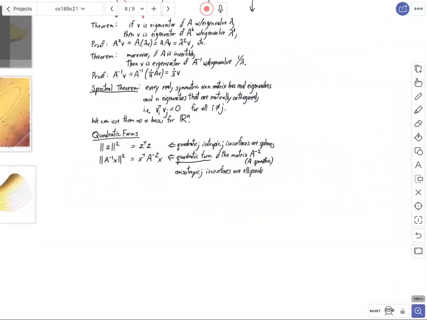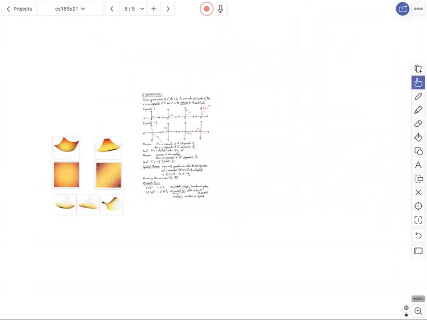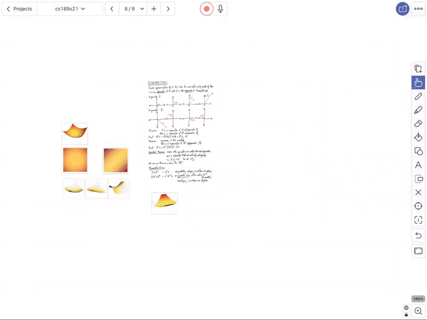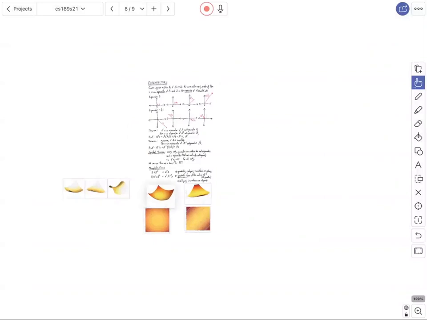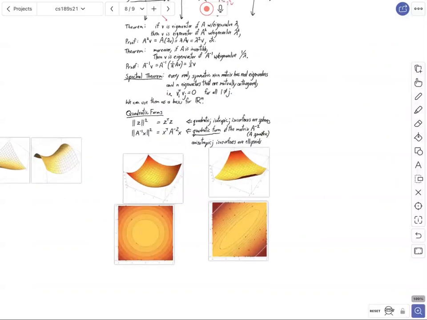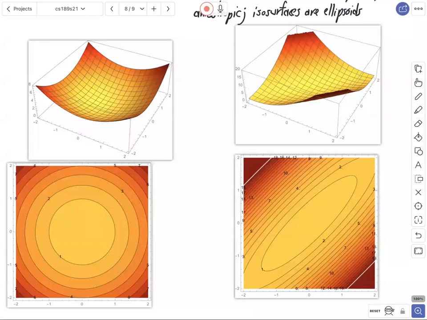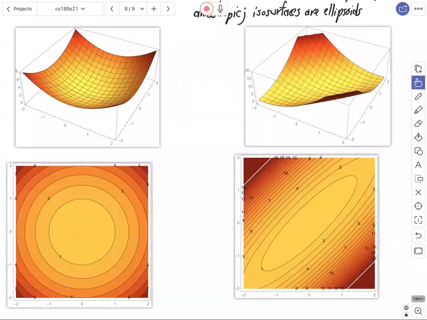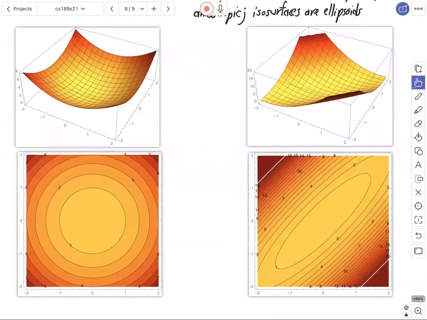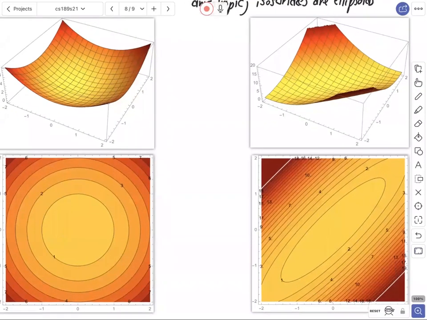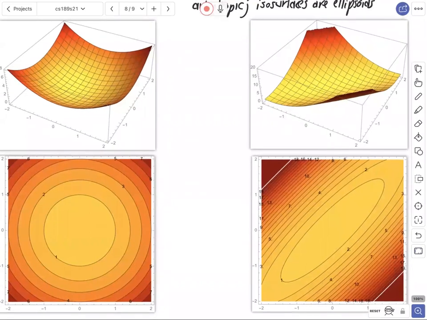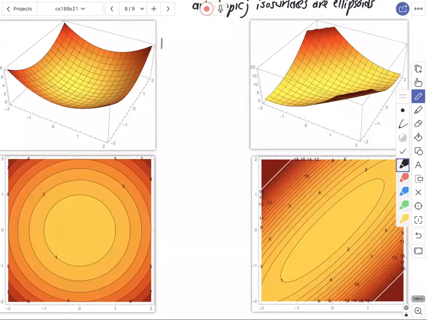So let's take a look at some of these. All right, so again, on the left, we have the function z squared, and I've drawn it two different ways.